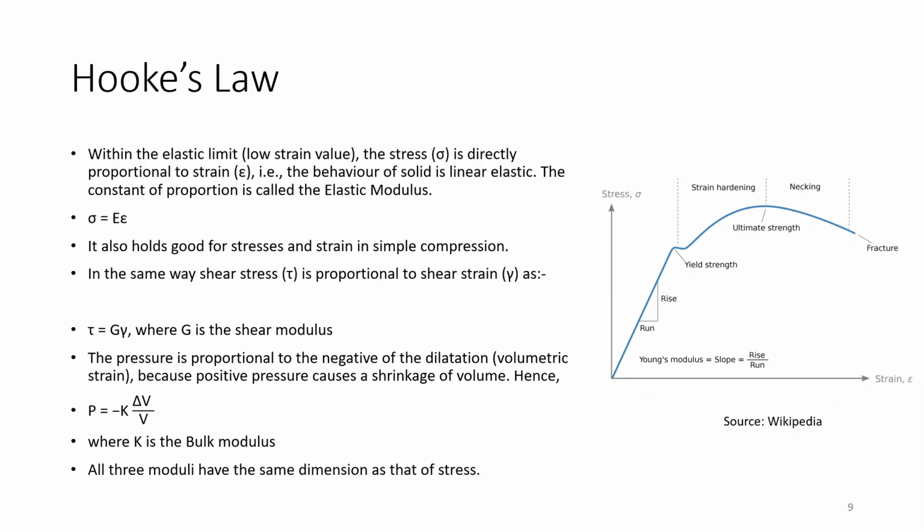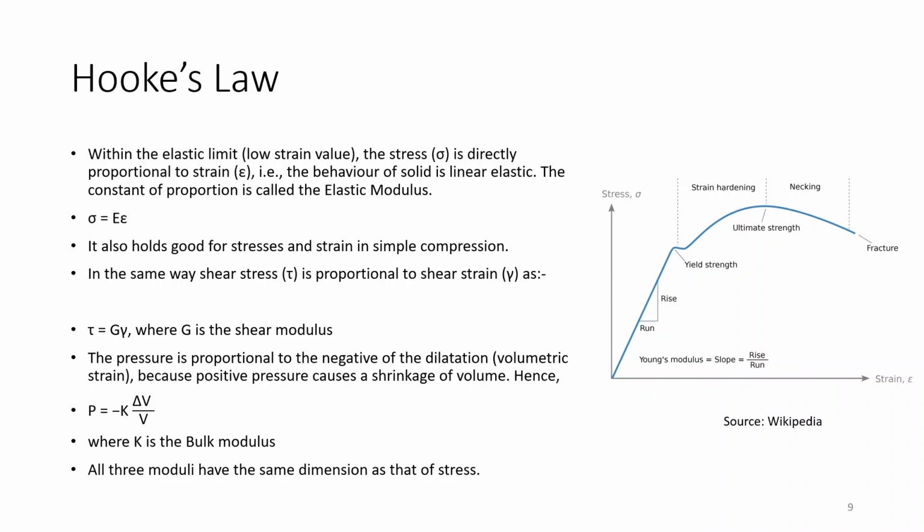So sigma equals capital E times epsilon. It also holds good for stresses and strain in simple compression. In the same way, shear stress tau is proportional to shear strain gamma, so tau equals G times gamma, where G is the shear modulus.